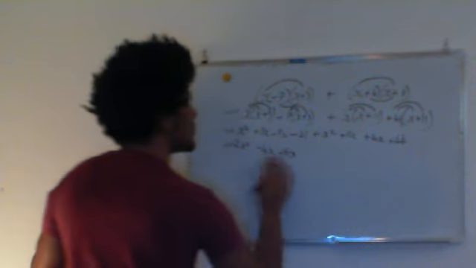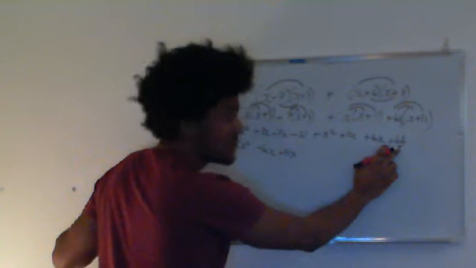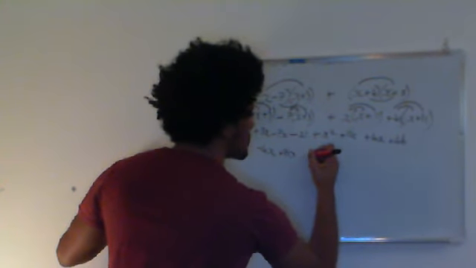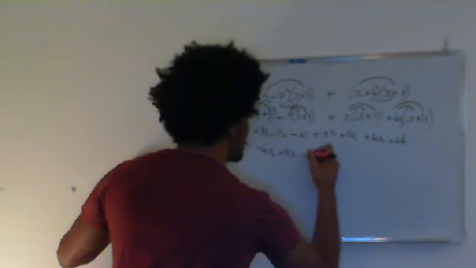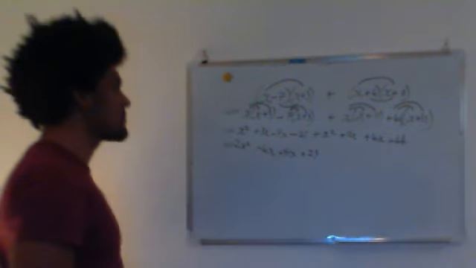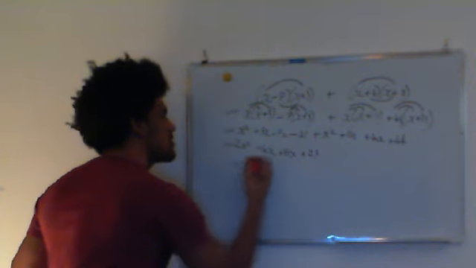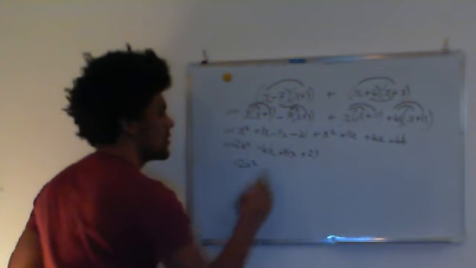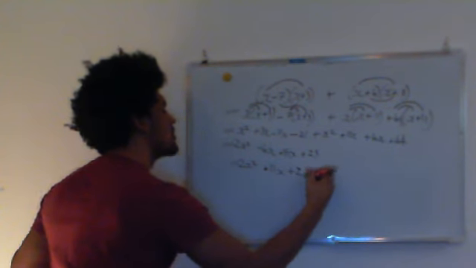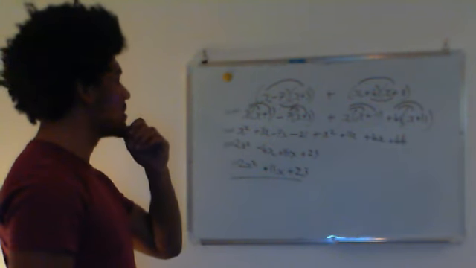We have minus 4x plus 15x, and we have minus 21 plus 44, which is 23. So we simplify again for these two x's here. So we have 2x squared plus 11x plus 23 as the simplified expanded expression.